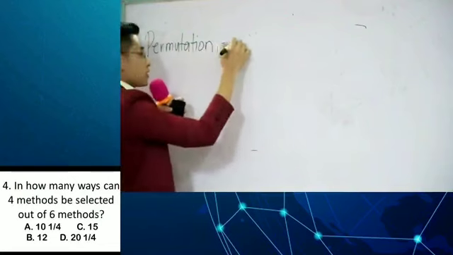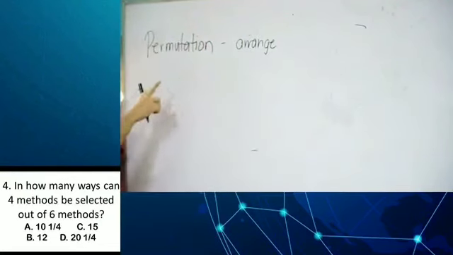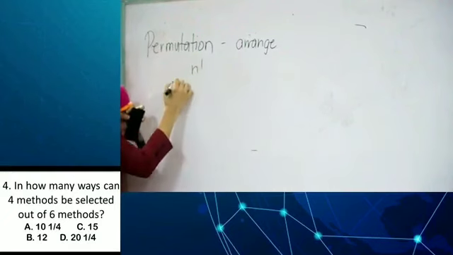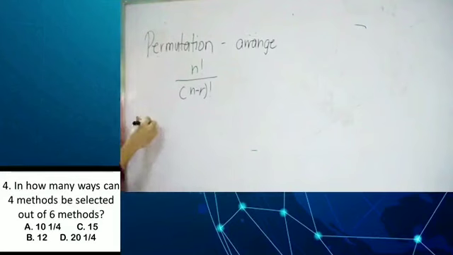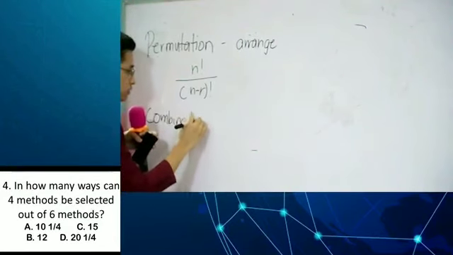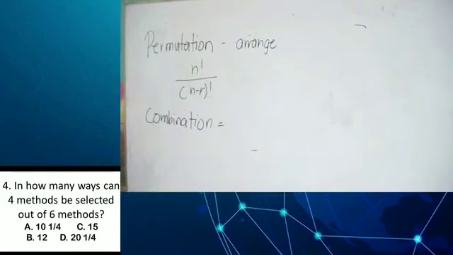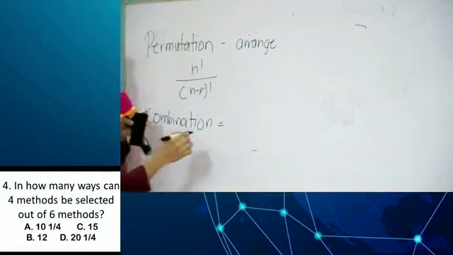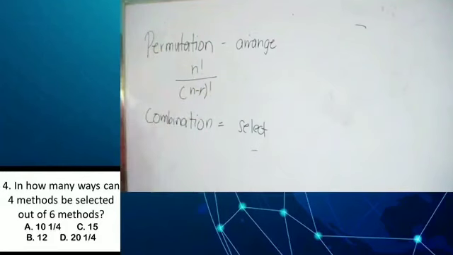So, arrange. What is the formula for permutation? That is n factorial over n minus r factorial. How about the combination? You are going to use combination when you are asked to select or to combine objects or things. So, select. Ayan yung mga keywords nyo for each problem.